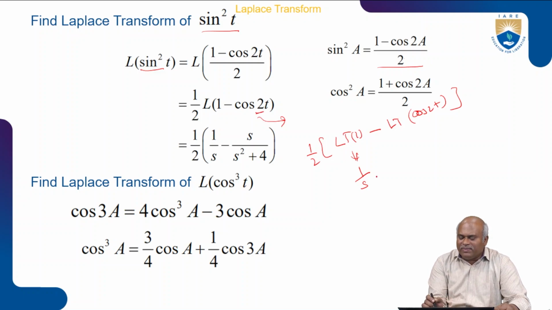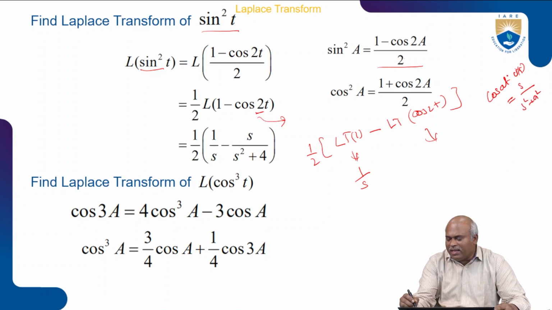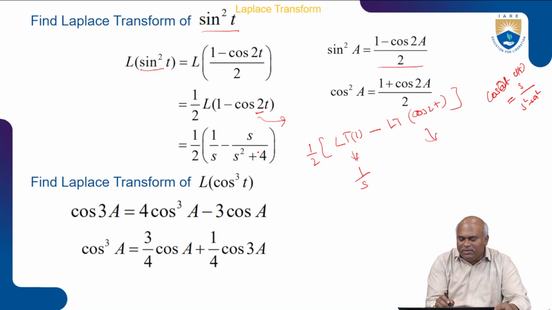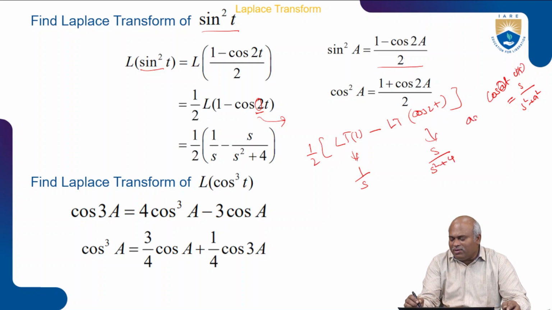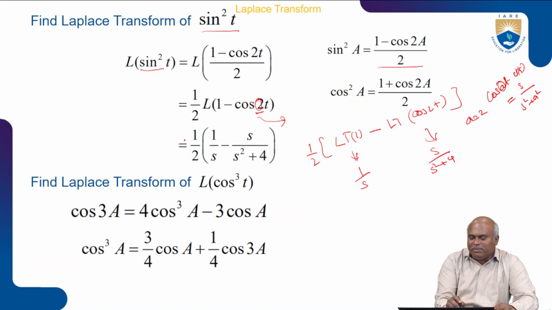So in terms of a, here using 2, that's why I am writing s divided by s square plus 4. Finally, I write the Laplace transform of sine square t is equal to 1 by 2 [1 by s minus s divided by s square plus 4].